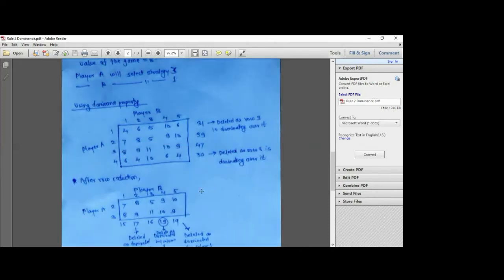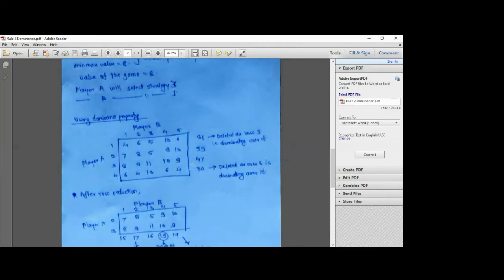So now all the values are in the non-dominating rows. Now after 30 we are going to move towards 31. While writing this I think I made a mistake. It is not dominating. You should write: row deleted after comparison with row 3.